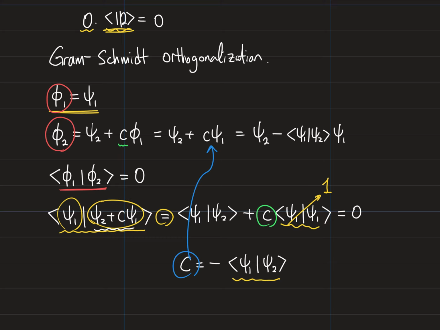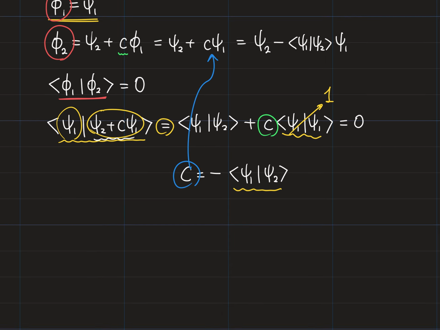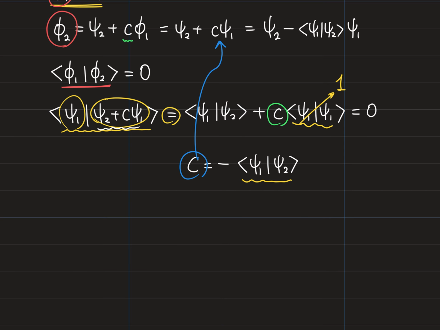Even though it might look a little bit complicated, this is a very, very straightforward procedure. If you have two vectors like this, let's say this is psi 1 and this is psi 2, as you can see, these two vectors are not orthogonal to each other.